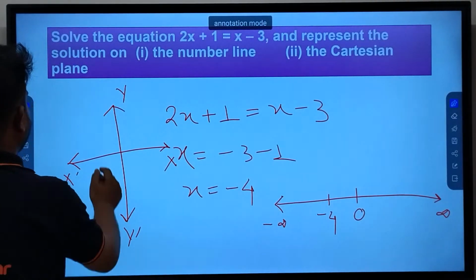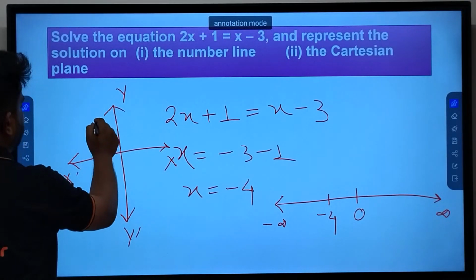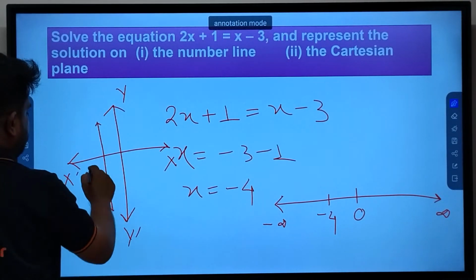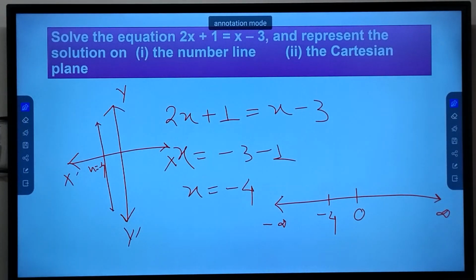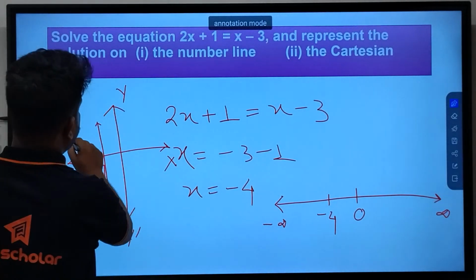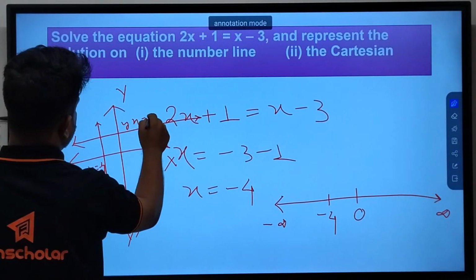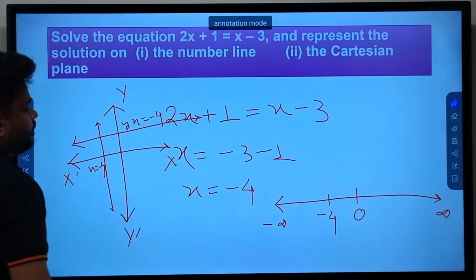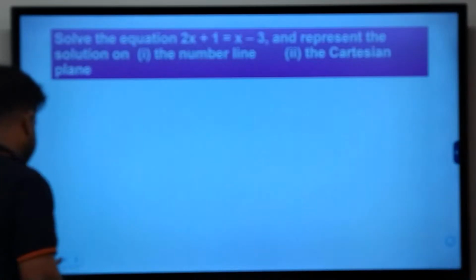So, it will be minus x. So, the equation will be like this, that is x equals minus 4. It will be like this, x equals minus 4, right. So, this one was quite easy.